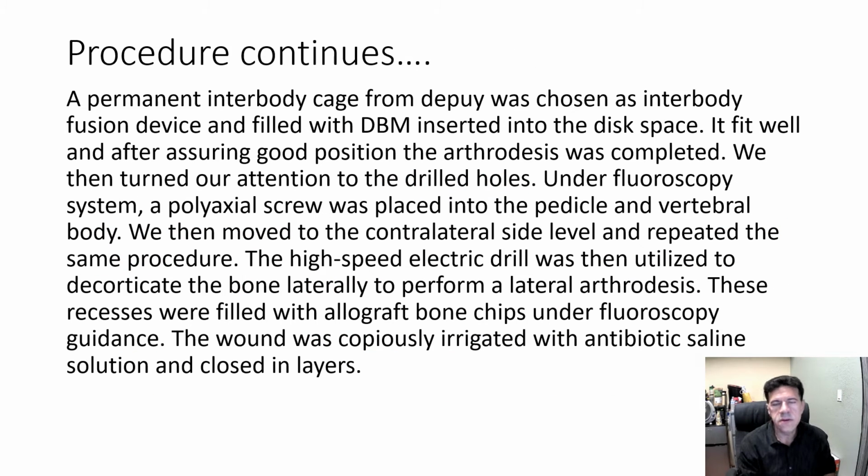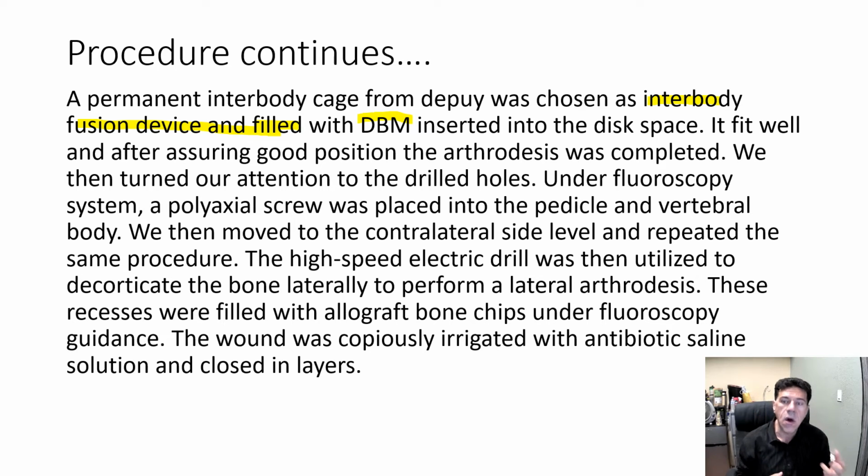Okay, the procedure continues. Then they use a permanent interbody cage as an interbody fusion device. And it was filled with DBM, right? Demineralized bone matrix. This is a non-autologous or allograft bone material that is taken from the bank, not from the patient.